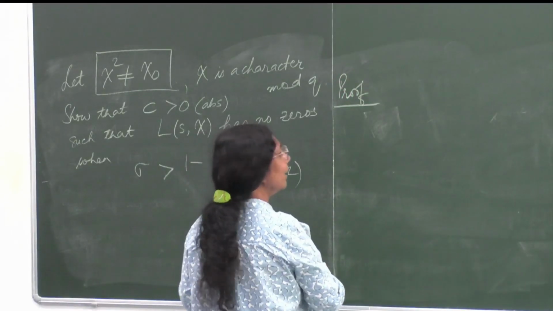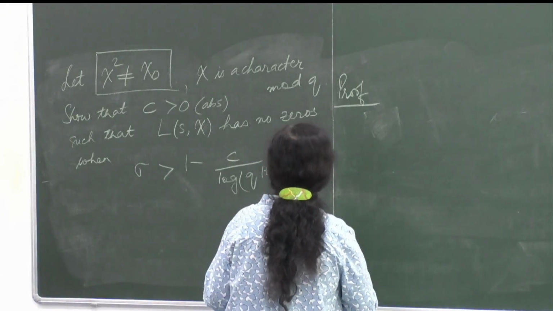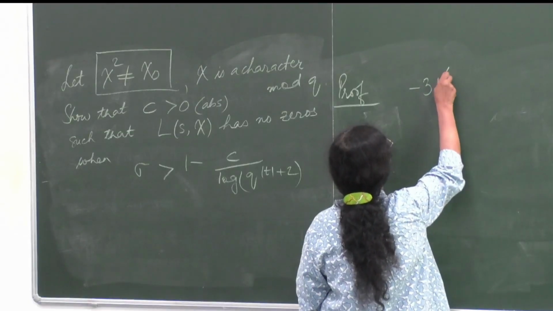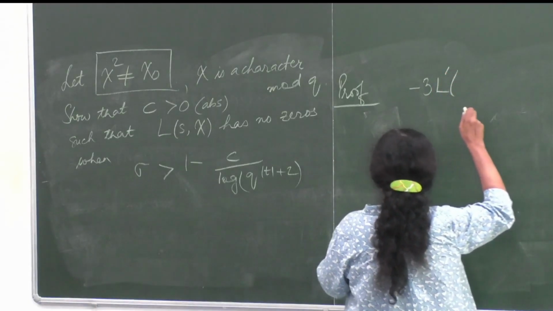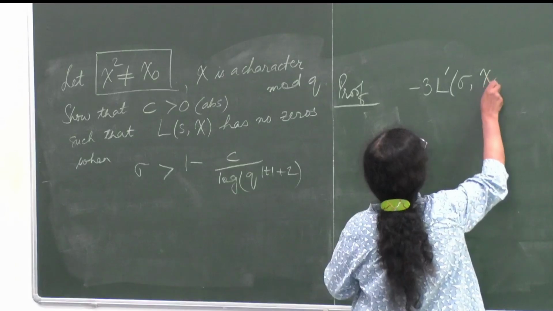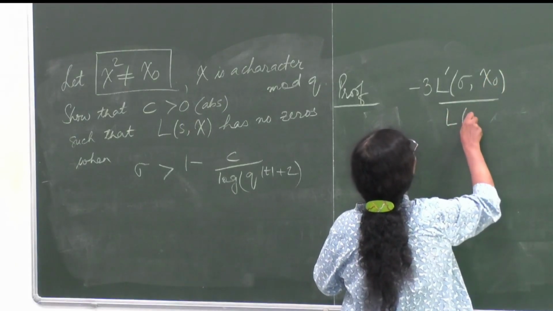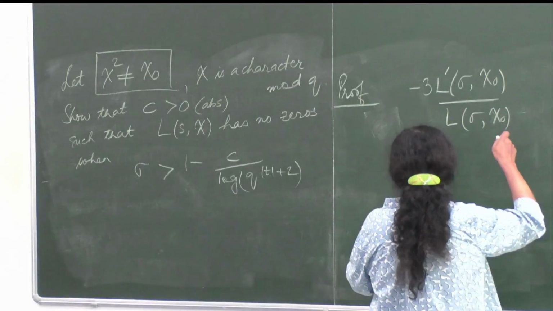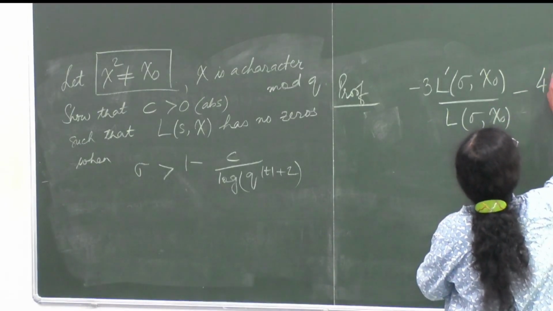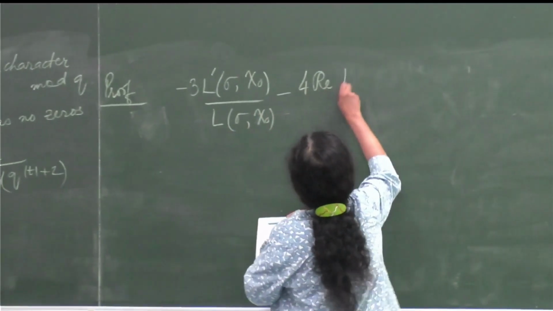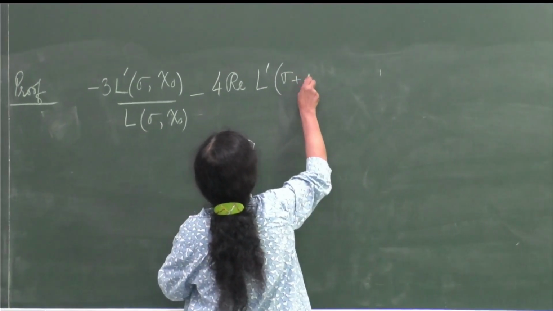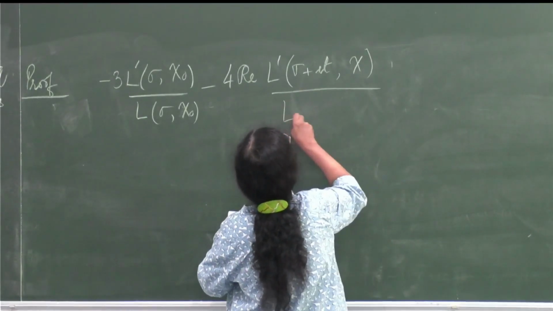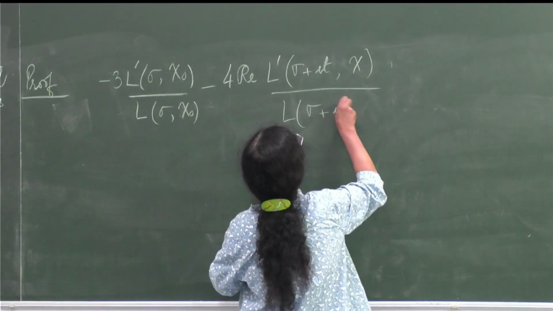I think I quoted this result this morning. I don't really remember, but did I talk about this? Minus 3 L prime sigma chi 0 by L sigma chi 0, minus 4 real part of L prime sigma plus IT chi L sigma plus IT chi.